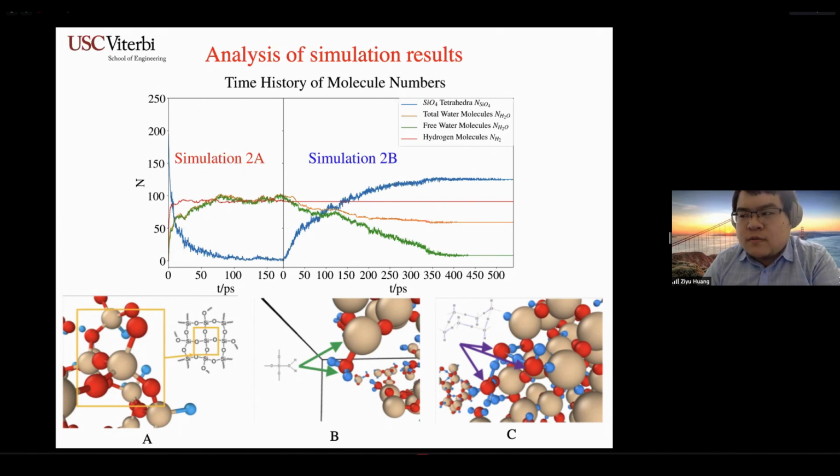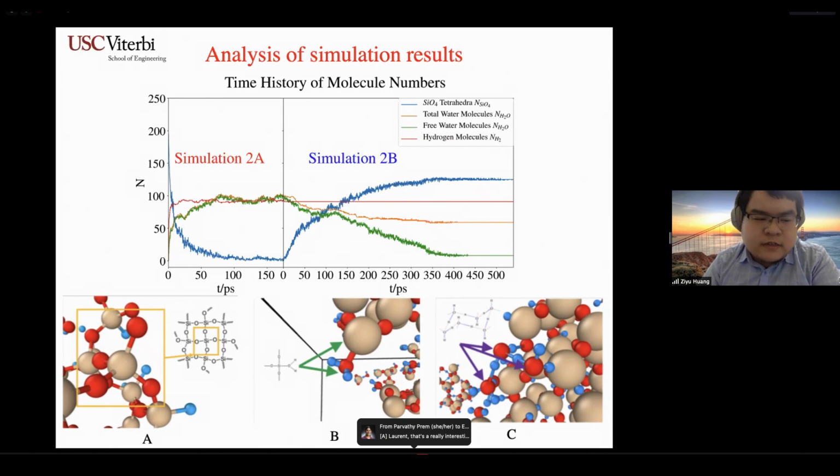There are a lot of water molecules attached to the silica surface, and there were hydrogen bonds and other bonds formed. We also found some ice structure as shown in figure C.